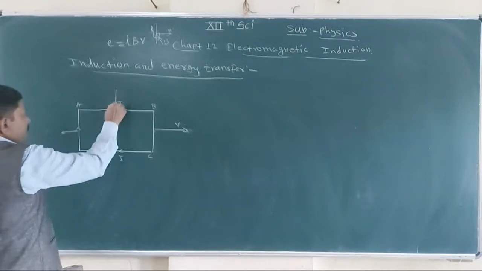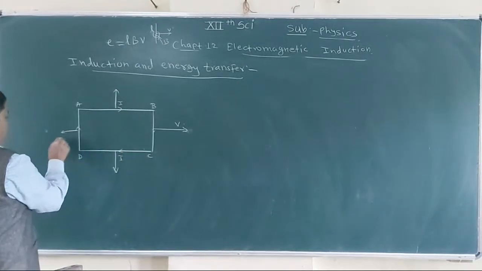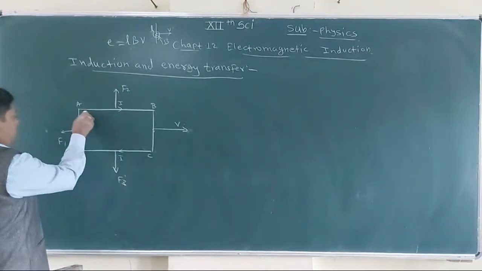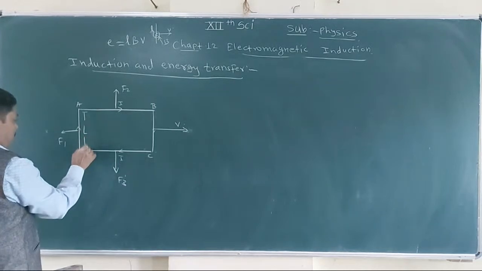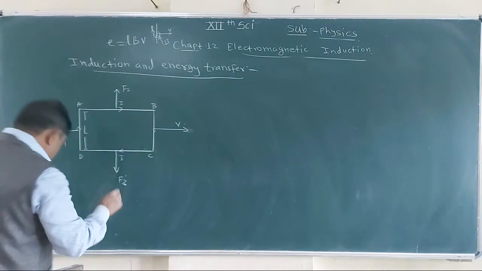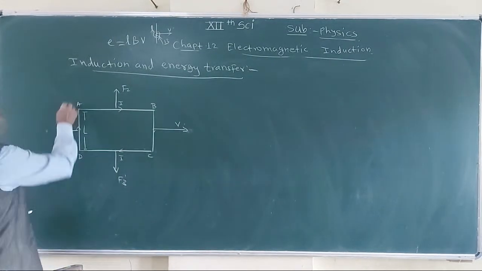And these are the forces acting on this frame, that is say F1, F2 and F3, and this is the length L of the rod, and this is the magnetic field. So you can consider the magnetic field as like this. Uniform magnetic field of induction is like this.